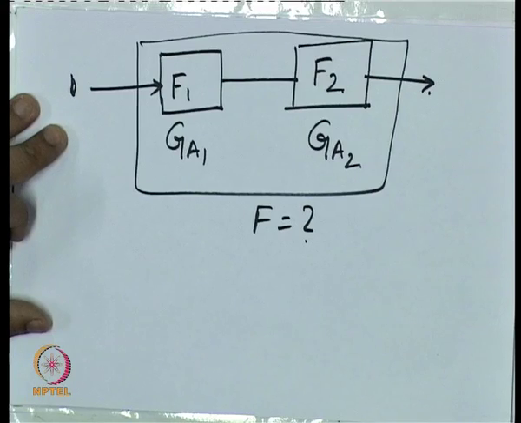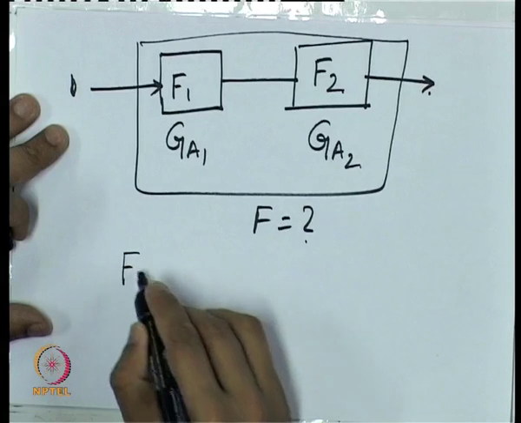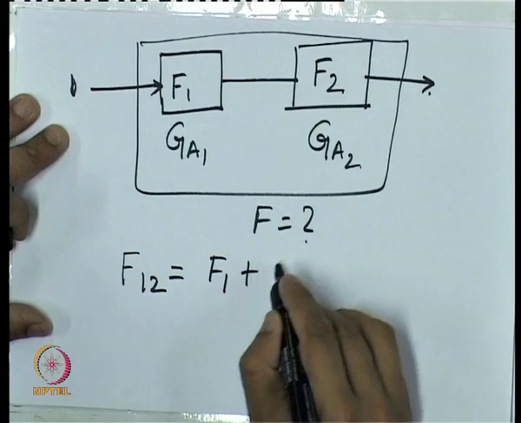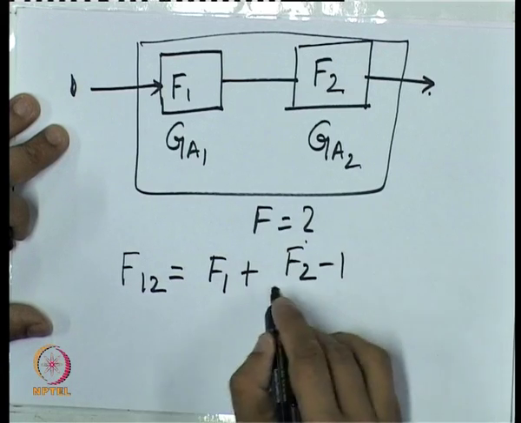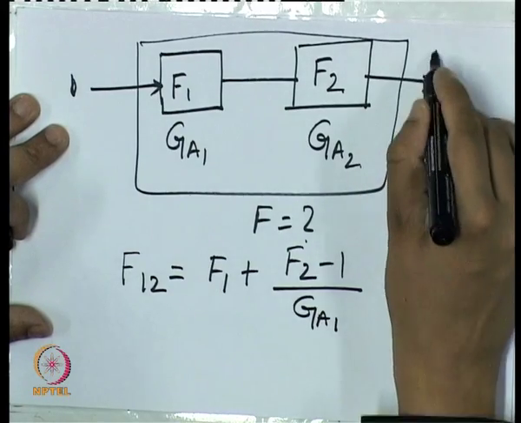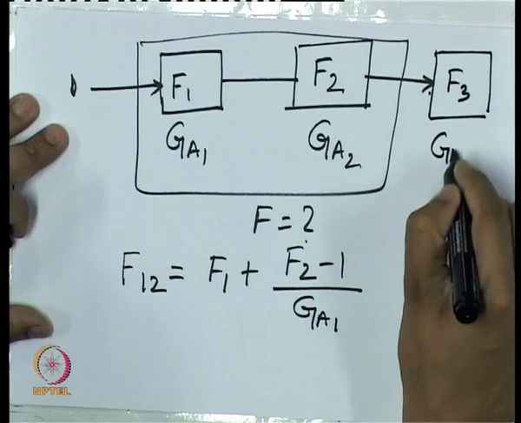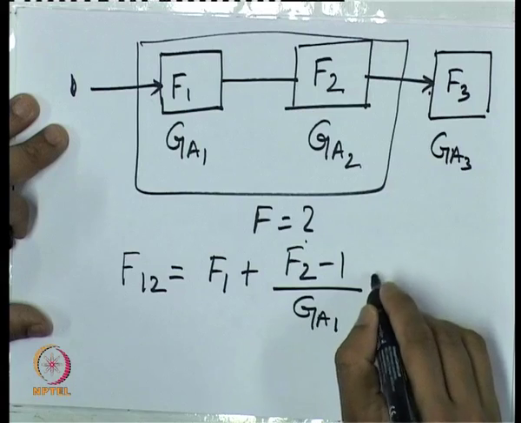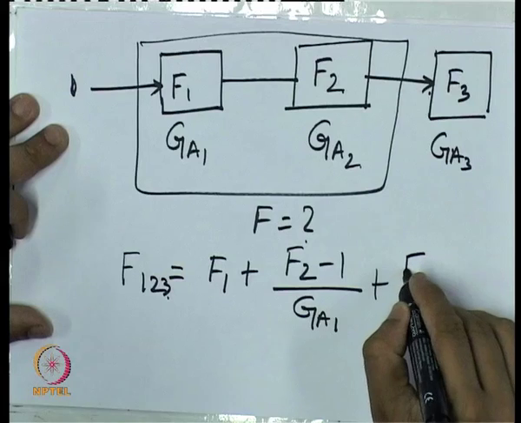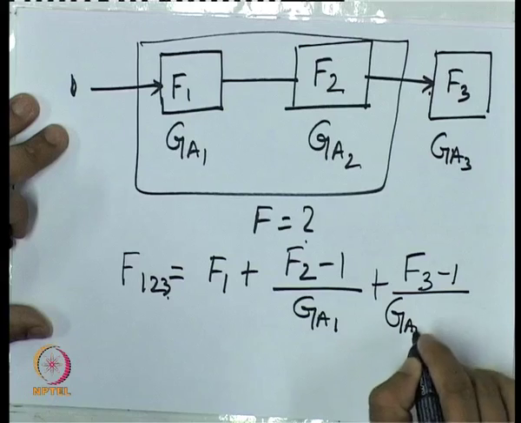It can be shown that the overall noise figure F12 will be equal to F1 plus (F2 minus 1) upon GA1. Suppose there was another stage here with a noise figure F3 and GA3, then the value of the total noise figure, that is F123, would be F1 plus (F2 minus 1) upon GA1 plus (F3 minus 1) upon GA1 multiplied by GA2.